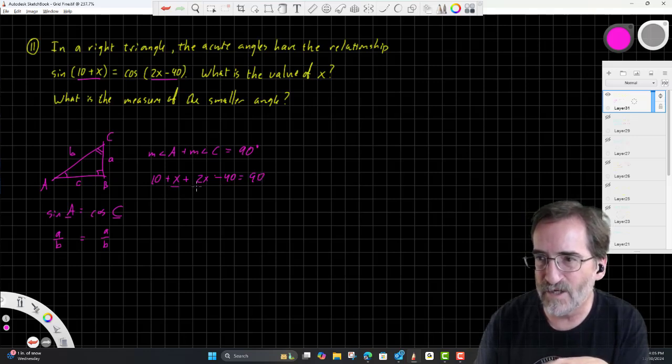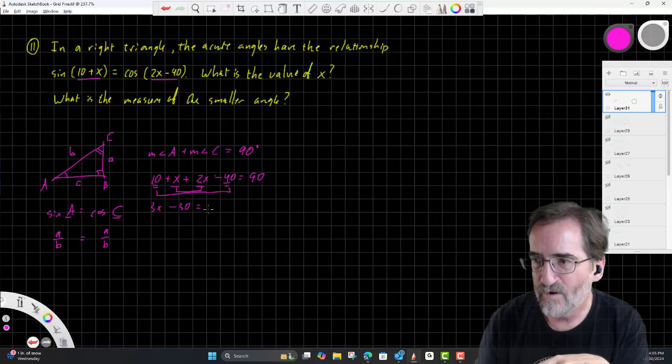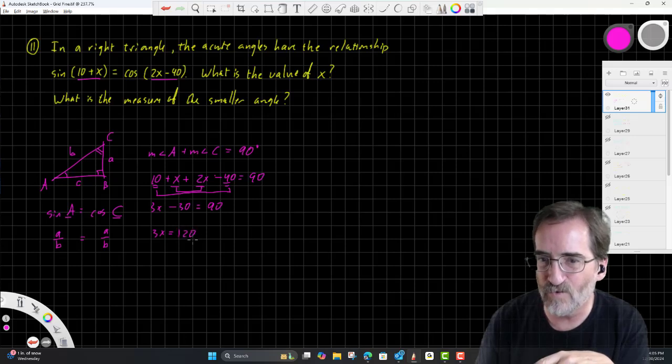Combine like terms, 1x and 2x is 3x. 10 minus 40 is negative 30 equals 90. Add 30 to both sides, so 3x is 120. Divide by 3, and x is 40.